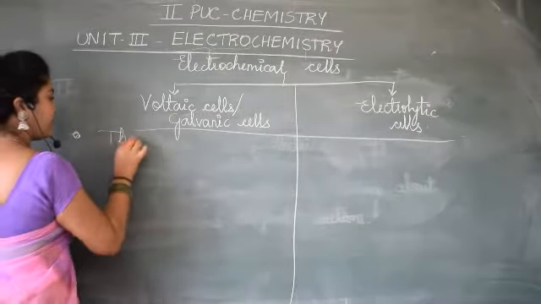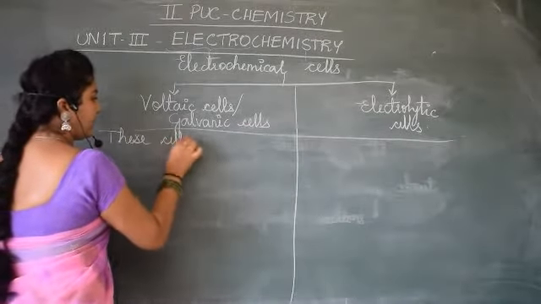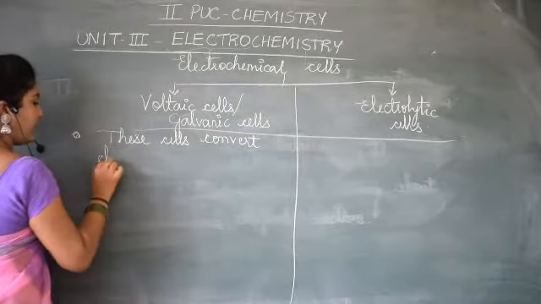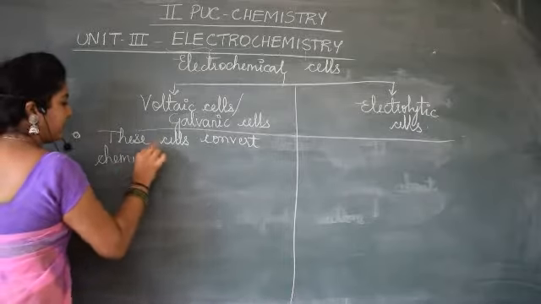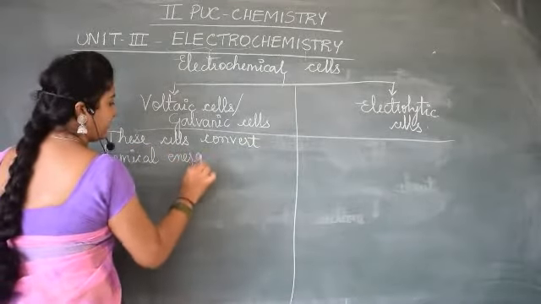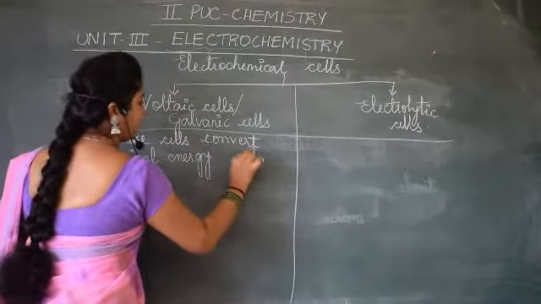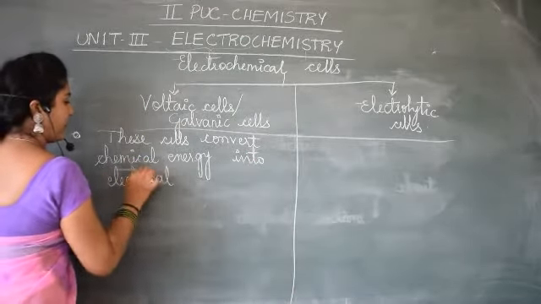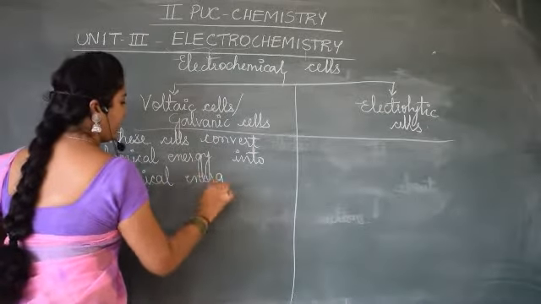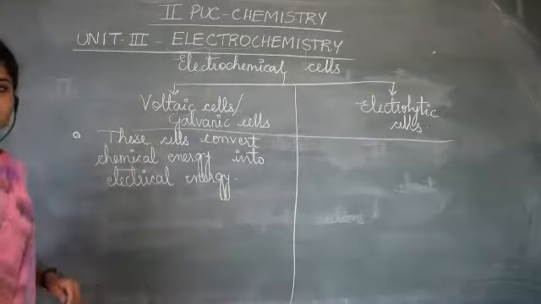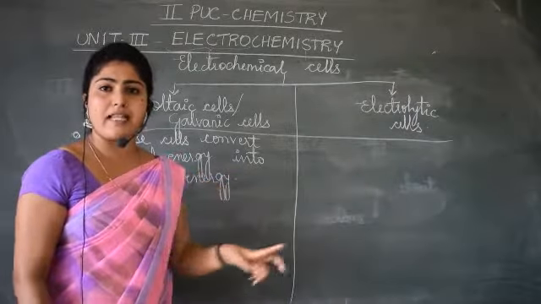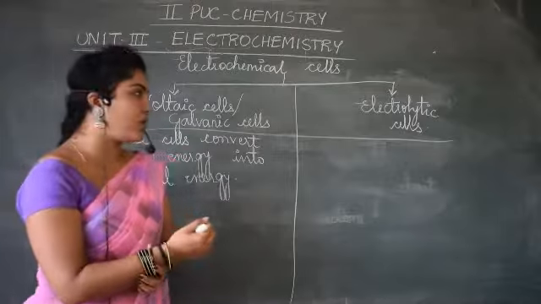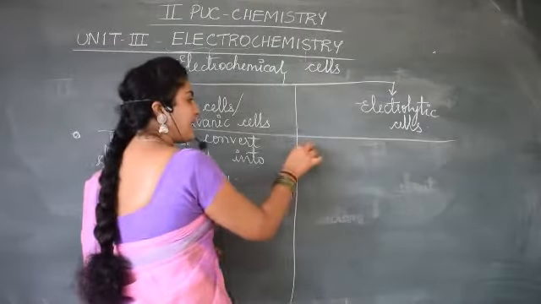So if we have to differentiate between voltaic cells and electrolytic cells, voltaic cells convert chemical energy into electrical energy. Whereas what are electrolytic cells? I have told you, they follow the principles of electrolysis. So what do these cells do?